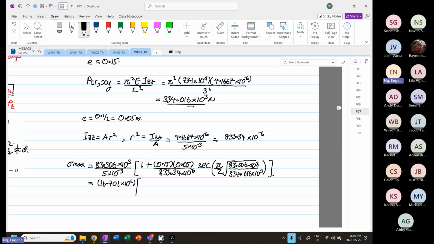Then 1 plus 0.15 times 0.05 divided by 833.34 power minus 6 is equal to 9.